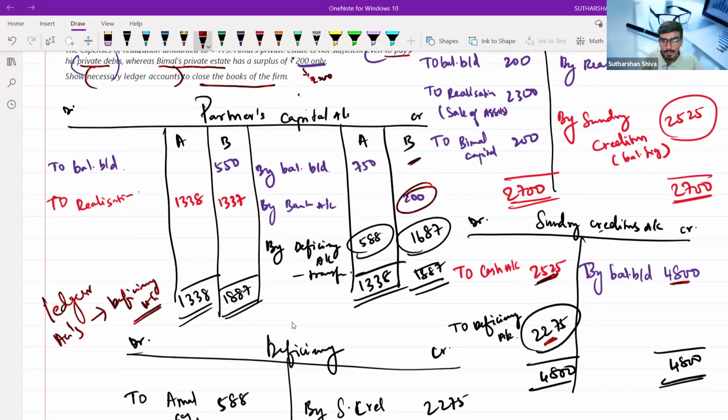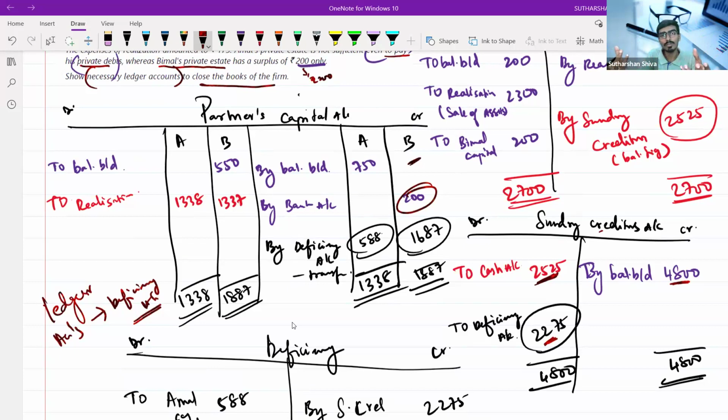The deficiency of A, none of them is going to recover. So this 588, I will recover from surplus cash. That is only a simple notional entry. We are not actually posting an entry. This 588 will be taken care of by the sale of the assets.